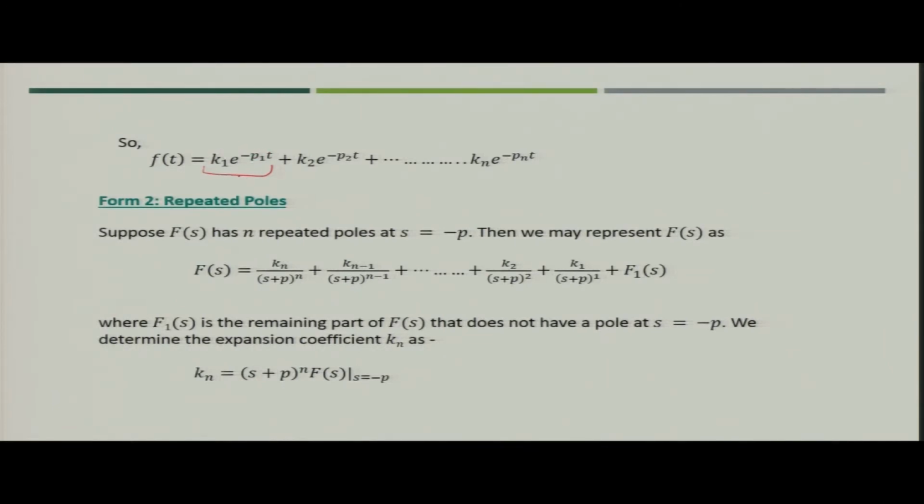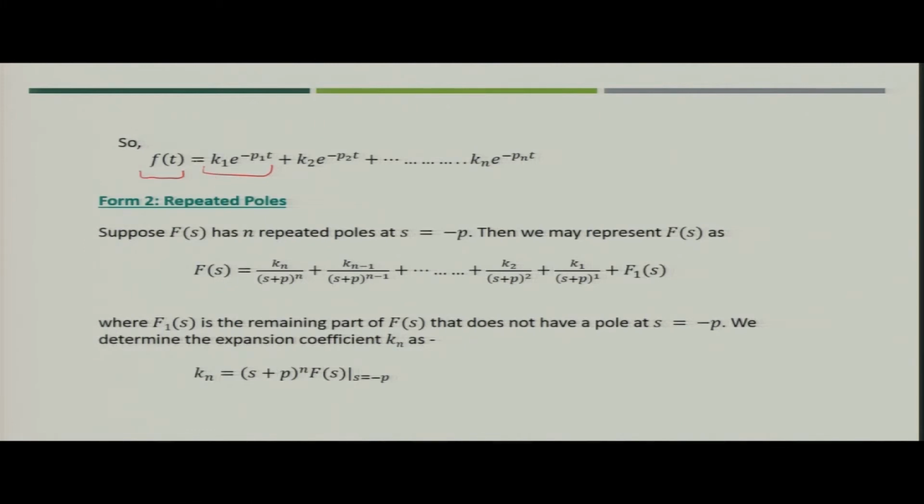If you recollect the frequency shift property, you can find the inverse Laplace transform of the first term, which becomes k1 times e to the power minus p1 t, and similarly for the other terms you can find the inverse Laplace transform. Finally, when you club all of them, you will get the inverse Laplace transform of the function F(s).